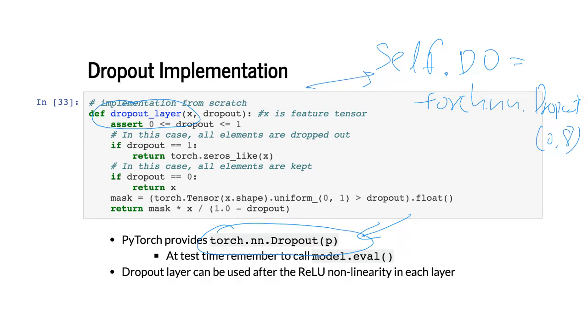You do this in the constructor, and then you apply this in the forward function, okay? So you will do something like out equals self.dropout of x, and x will be the output of the ReLU function. It's very simple stuff. Okay, let's move on because I have a few more things to say.